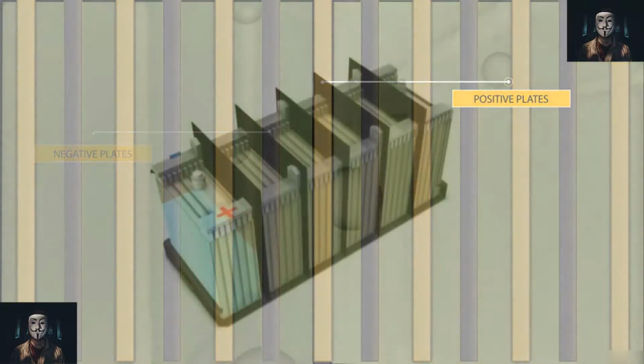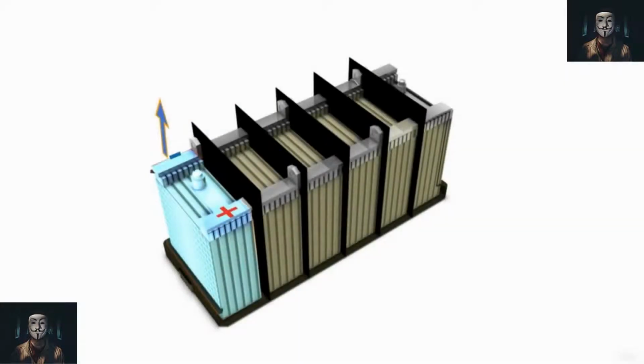The cell plates are formed in a lattice grid of lead antimony or lead calcium alloy. The grid carries the active material and acts as the electrical conductor. The active materials are lead peroxide for the positive plate and spongy lead for the negative plate.